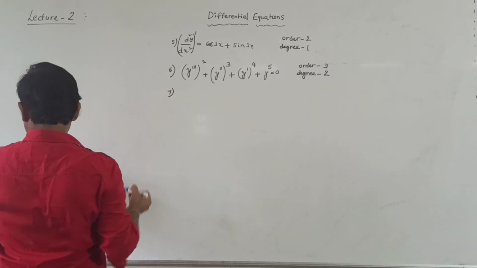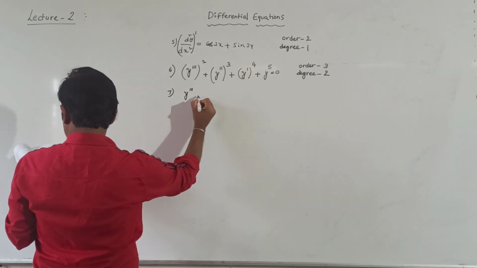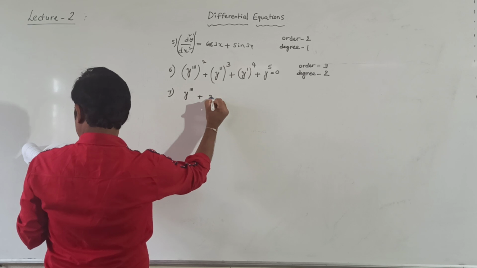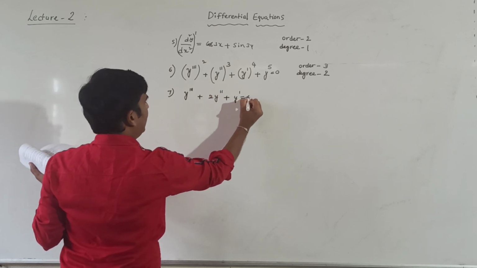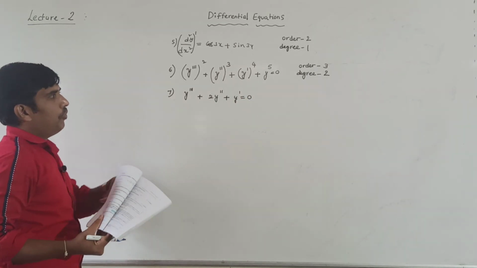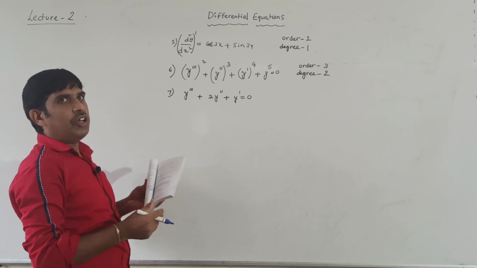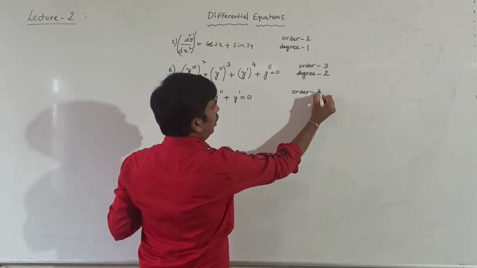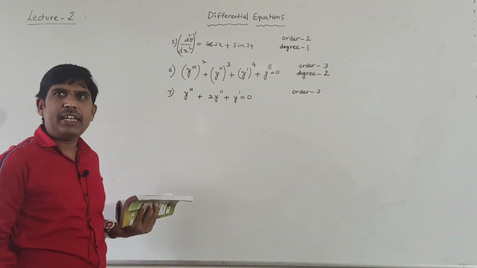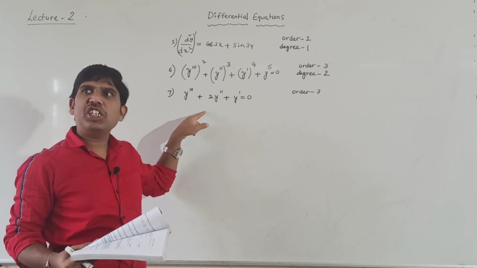Next, seventh one, y triple dash plus 2y double dash plus y dash is equals to 0. First order, second order, third order. Therefore, what is the highest order derivative? Nothing but 3. So, the order of this differential equation is 3. Next, for finding the degree, is it a polynomial function in derivatives?